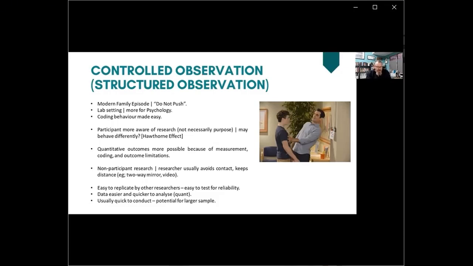There's an episode in, I think, season 7 or season 8 called Do Not Push. And the daughter, one of the key characters, is going to university, and the whole family go for a university open day. And they are offered some money to be part of a psychological experiment.